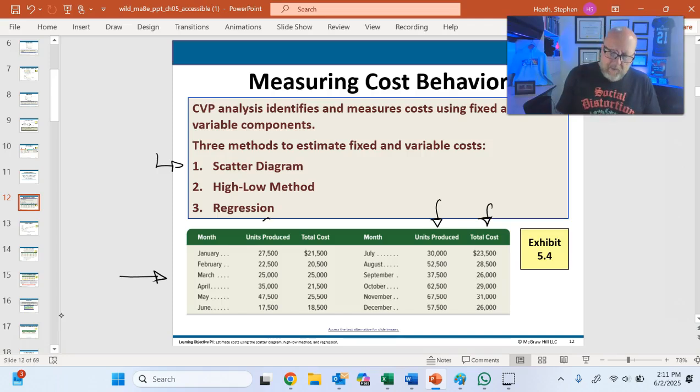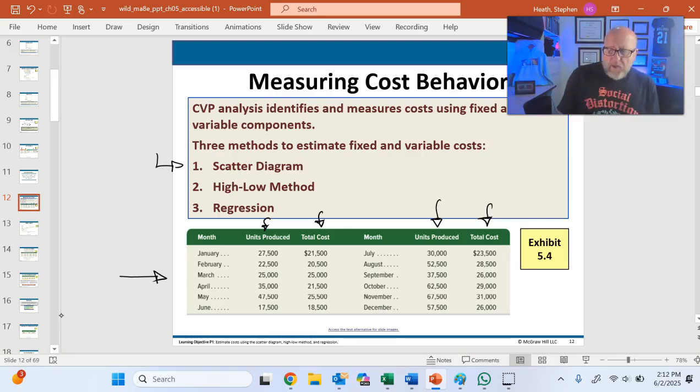I have the same data for January through July. And now what we want to know is, with this information, can I estimate a particular total cost for a month next year if I know how many units I'm going to produce in that month? To estimate what our total costs are going to be under various situations, we have three methods available to us.